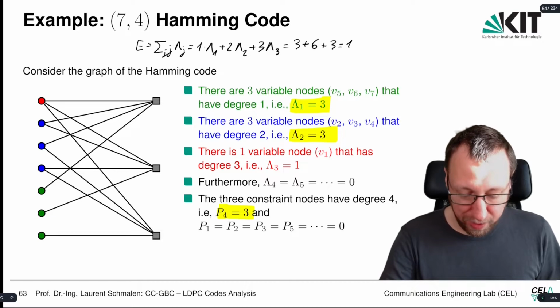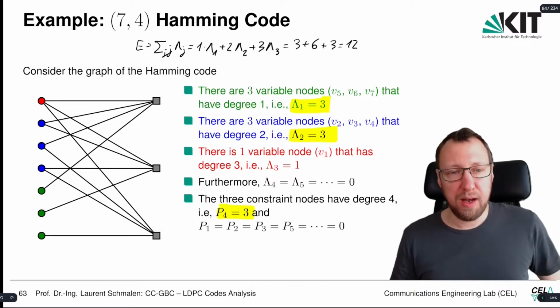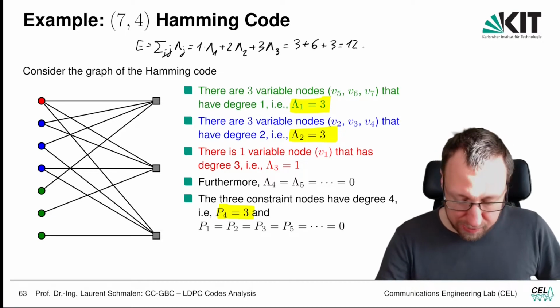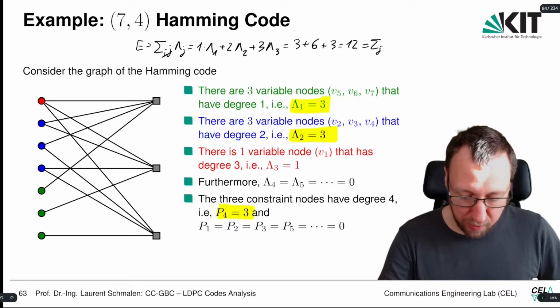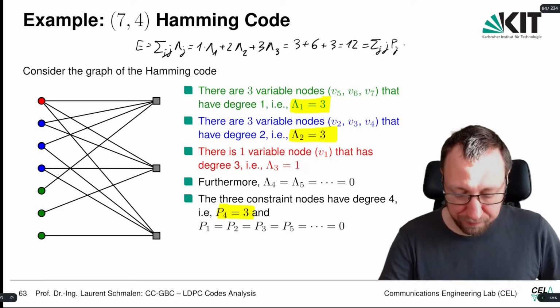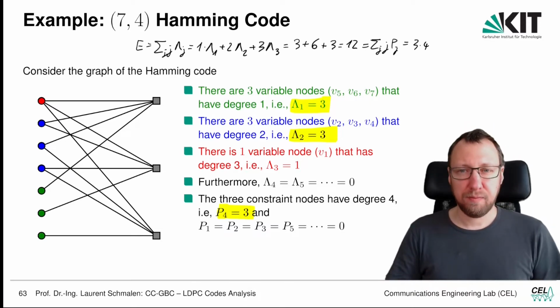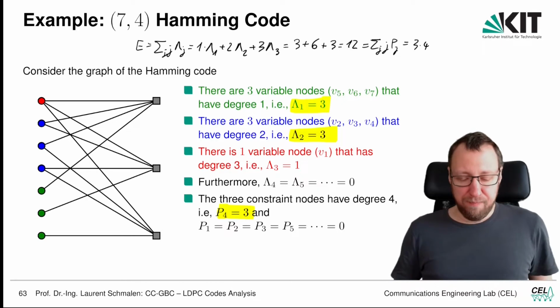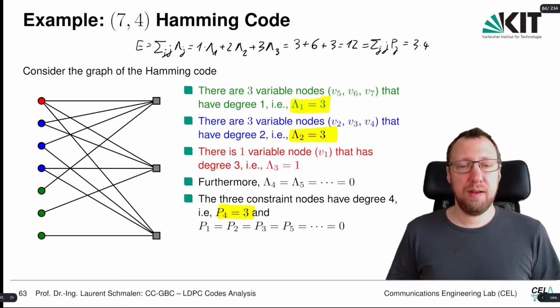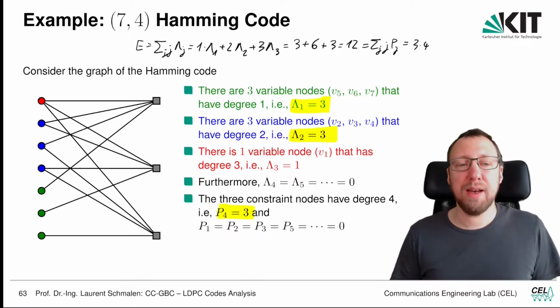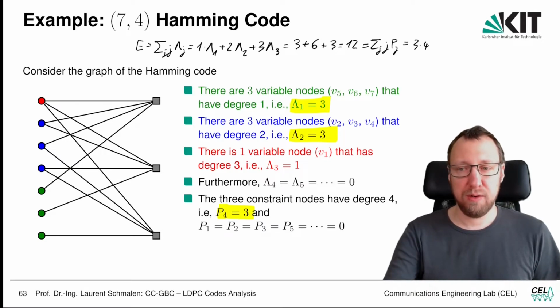And this is 12. And we can verify that we have 12 edges. This is also the sum of j times pj. So 3 times 4 equals 12. Okay, so this is an example of an irregular code, and this is a way how we can describe this irregular code.